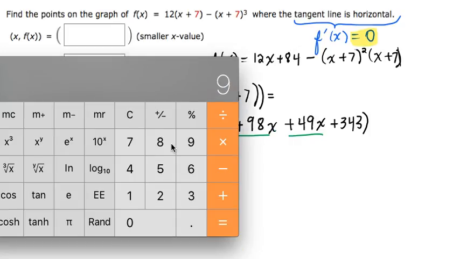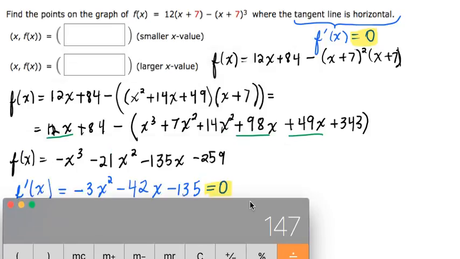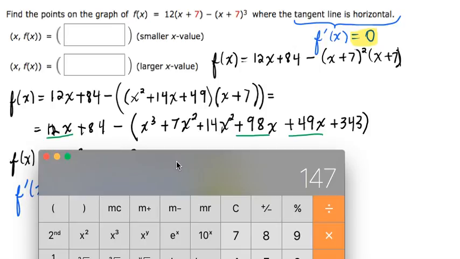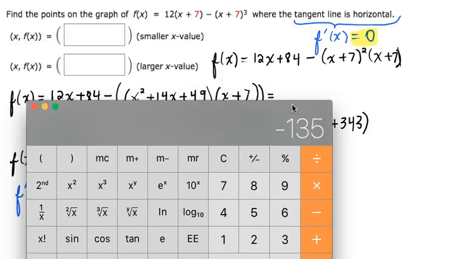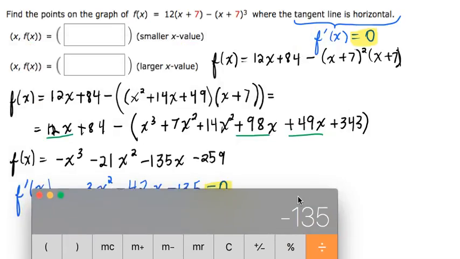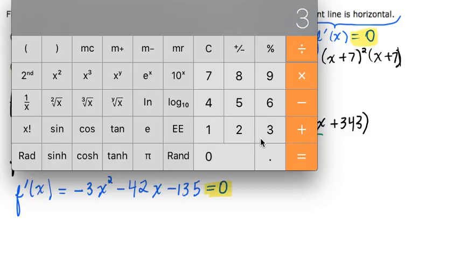There, so let's do 98 plus 49 again. And that should be negative and then plus 12. So negative that plus 12 is, yeah, negative 135. And I don't think that's divisible by 3, so therefore I cannot, oh, it is divisible by 3. Nice, we can take a negative 3 out of everything. That will work.